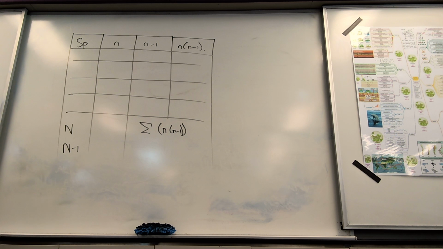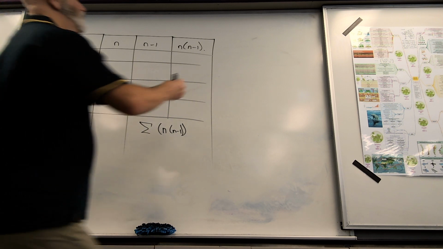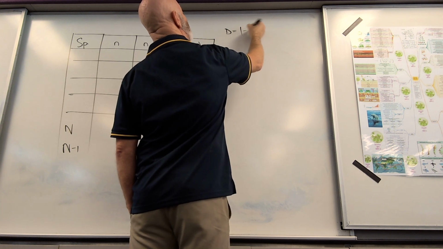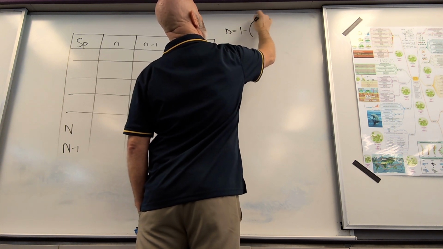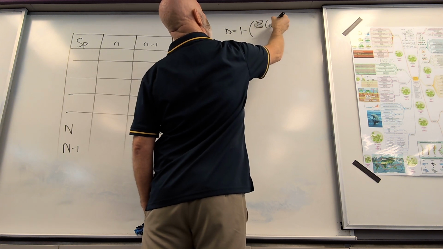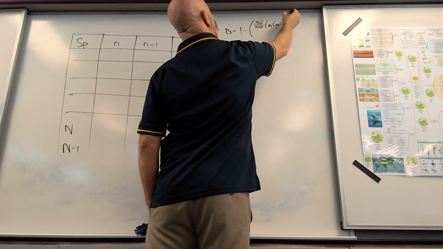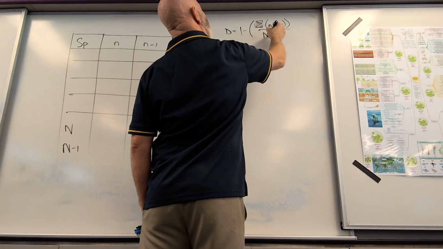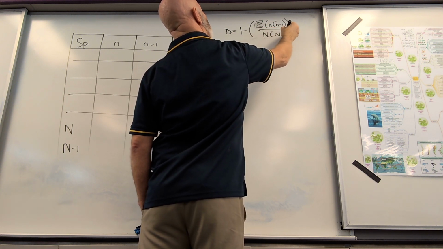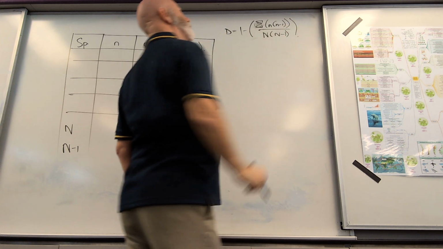I give you a table, you have to use it, and I will give you the equation. The equation again is D, which is Simpson's Biodiversity Index, is 1 minus the total of n times n minus 1 divided by big N times big N minus 1. Okay?